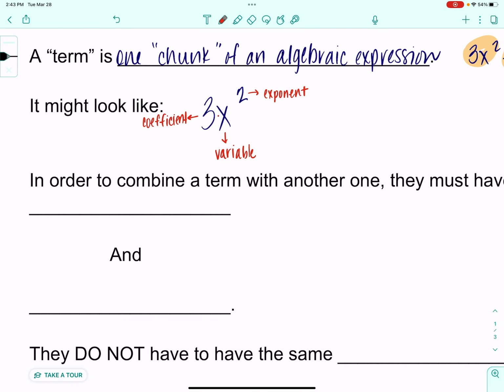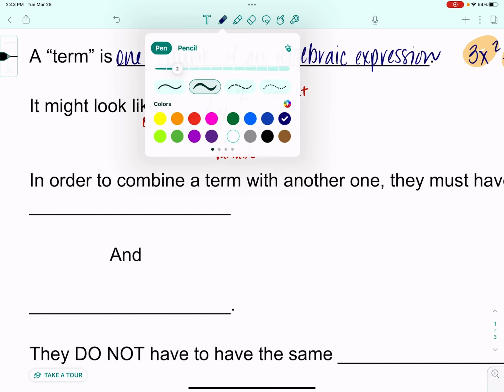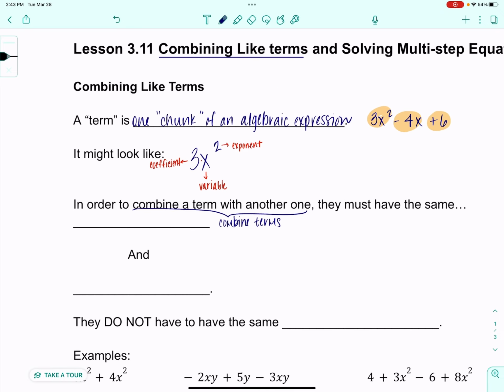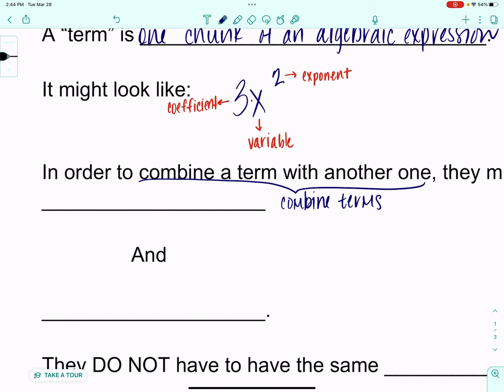In order to combine a term with another one, they absolutely must have the same, well, what needs to be the same?